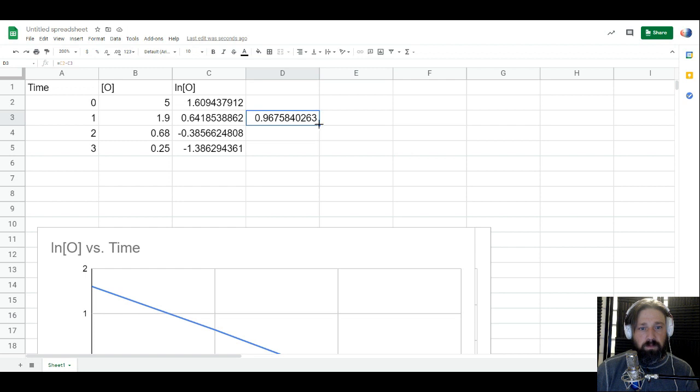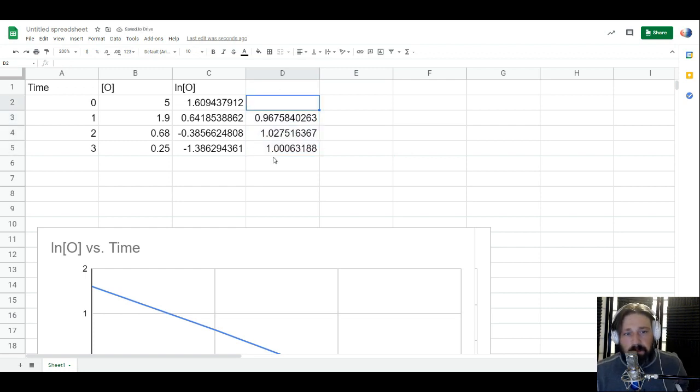So each decrease is about 1. Right? 0.96, 1.02, 1.00. So all of this is about 1. That looks pretty good, and you could do that kind of in your head. You can go, okay, 1.60 to 1.